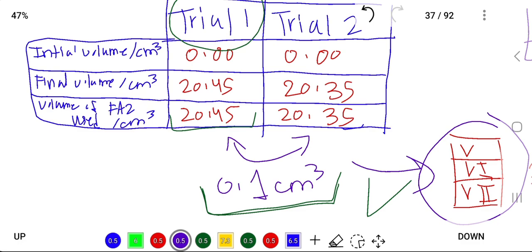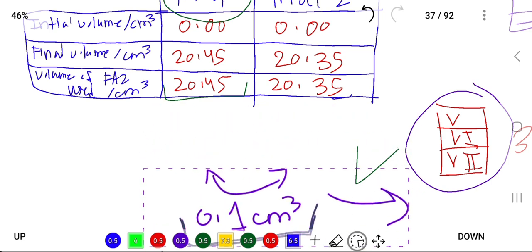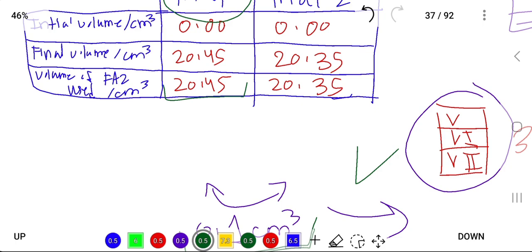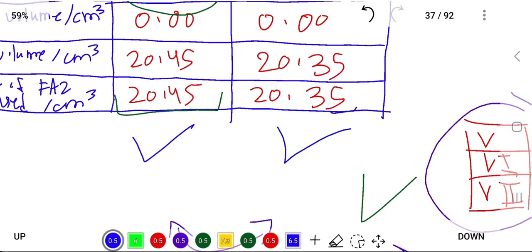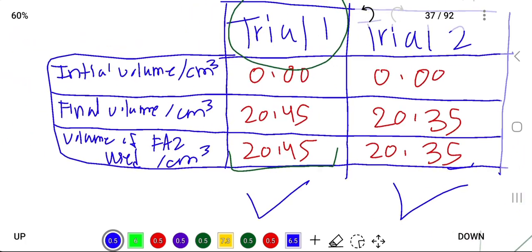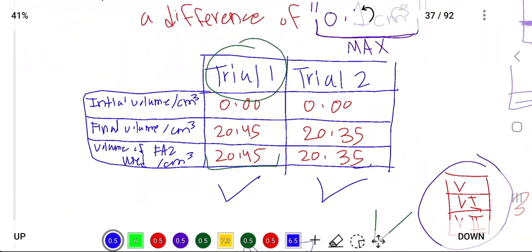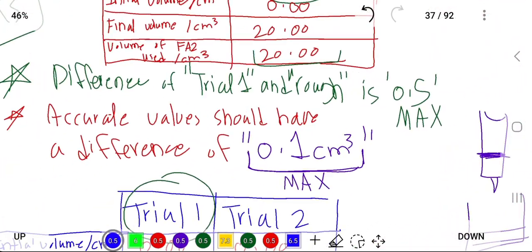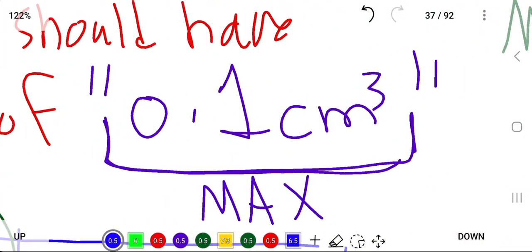And for you to show Cambridge that these are the values you picked, you should show them a check, meaning that yes, I picked 20.45 and I picked 20.35 because their difference was 0.1, meaning that the difference was within the accurate difference, which is 0.1.